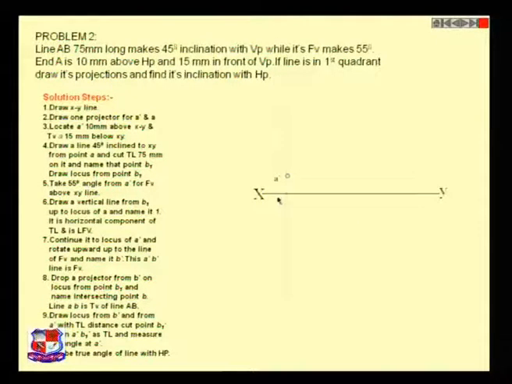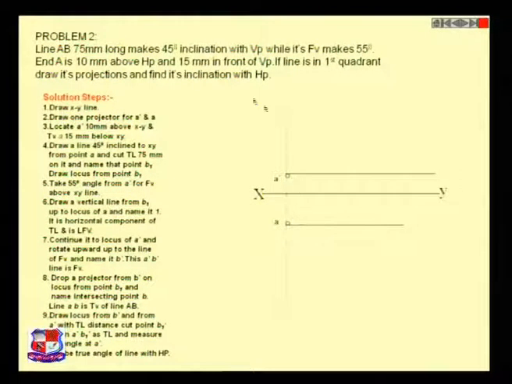Name it as A dash. 15 mm in front of VP. Below XY line I will draw a point around 15 mm away from this XY line, naming it as point number A. What next? Draw the parallel line from A and A dash.